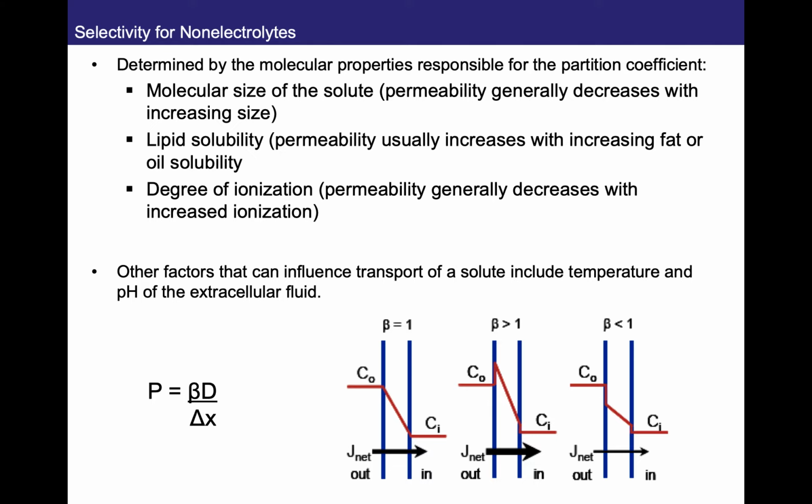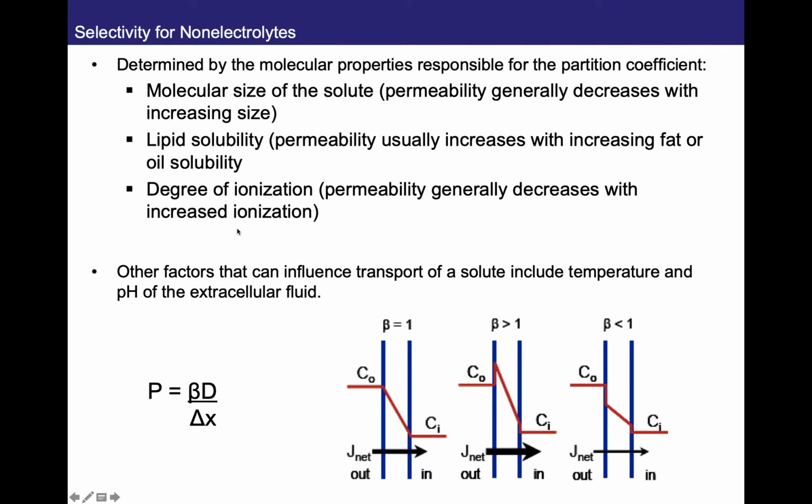Usually molecules that don't have a charge associated with them can enter into that membrane pretty easily. There are other factors like temperature and pH that can also influence the extracellular fluid and the ability for a molecule to enter in. But I want you to really understand these 3 properties at the top.